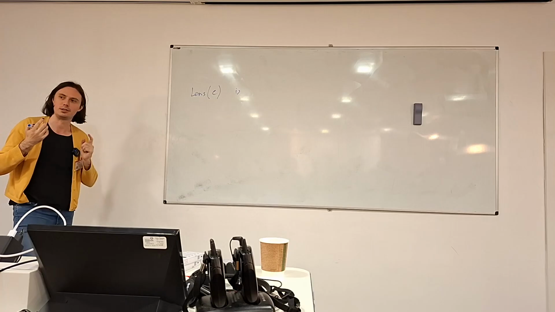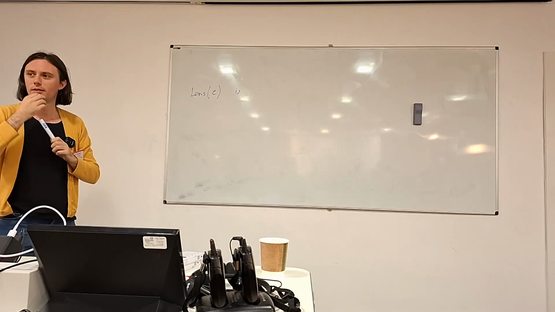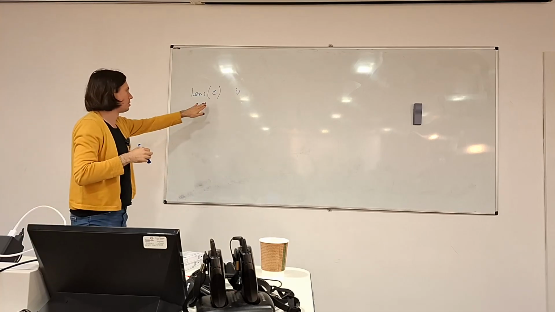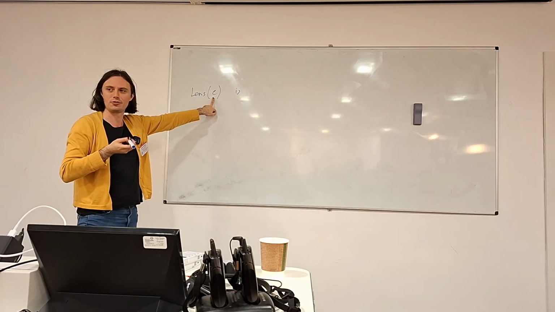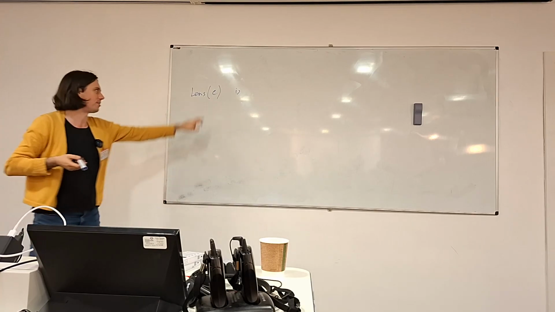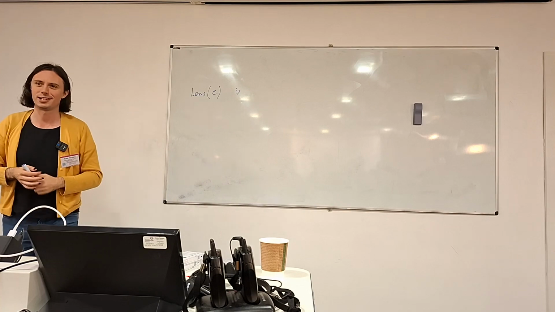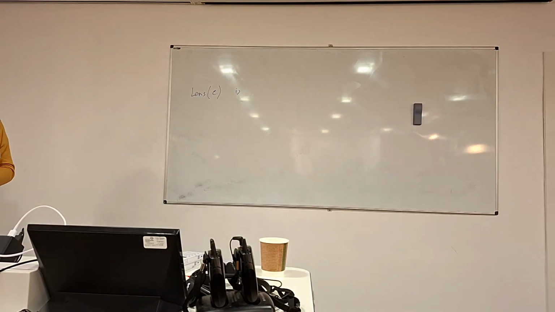That turns out to be a Cartesian product. So C is a category with finite products. You can do this lens construction over any finite product category, but you can pretend that C is Set, and everything I say is still true.